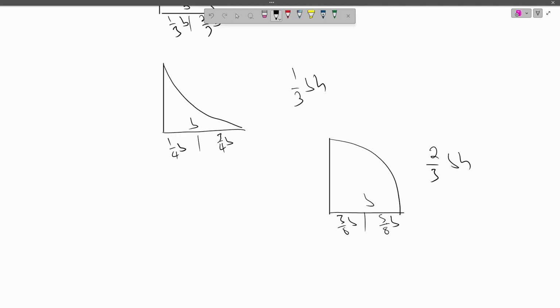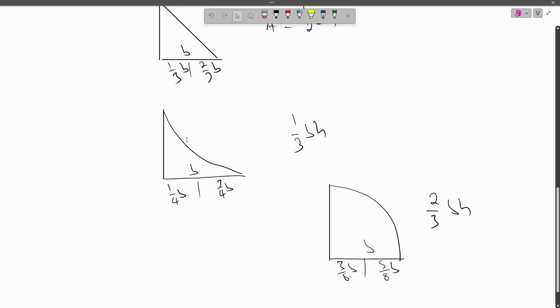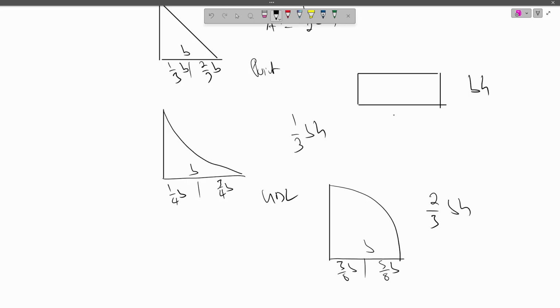So we'll be using these shapes, especially these two for the UDLs. These ones are from the UDLs. This one is from the point loads. And then our rectangle is from the moment. Base times height is our area, and our centroid is b over 2 and b over 2.